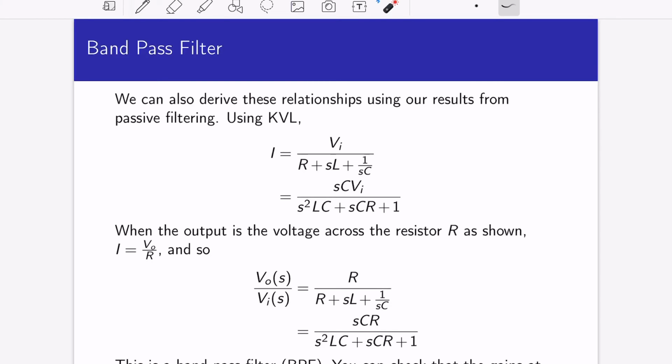Realizing that the output voltage V out over R is equal to the current, we can solve for V out over VI, and we get SCR over S squared LC plus SCR plus 1. If we substitute in omega equals 0 and omega approaches infinity, we can determine that this is a bandpass filter.